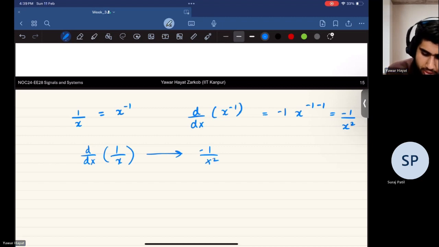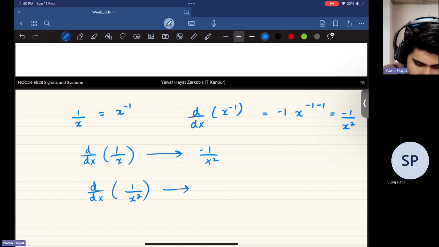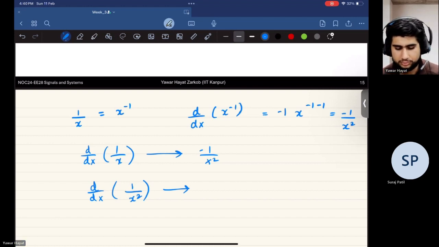What if we take the derivative of 1 over x square? Do a similar process and tell me what we should get. Minus 2, right?